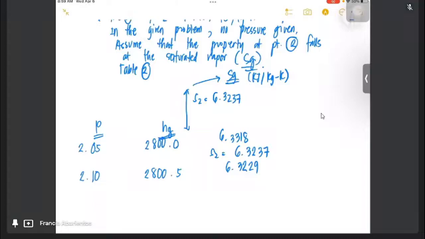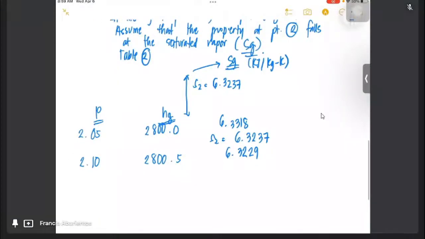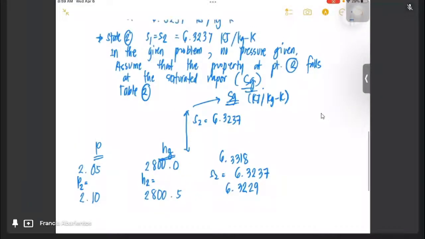Ayan, interpolate. Baka nakalimutan nyo mag-interpolate. So, hahanapin natin is the H2 and the pressure. Since in the problem it is not stated, yung pressure natin, hahanapin natin siya. Okay?